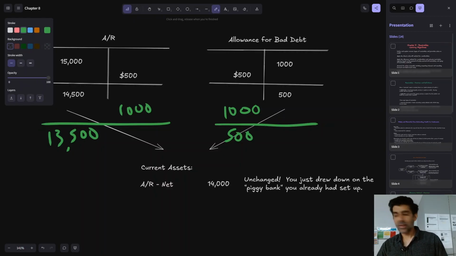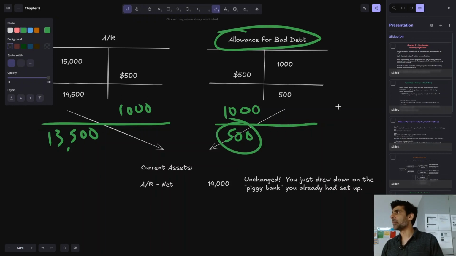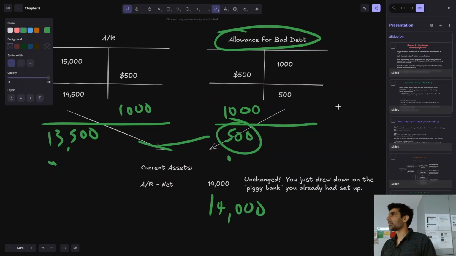Okay, so this is wrong. We can't have this allowance for bad debt contra account ever go into debit, because now what is this? It's still going to be 14,000, right? Now we have a debit balance, right? But that's wrong because we've actually overspent our piggy bank. So we'll have to do something. We'll have to fix that.